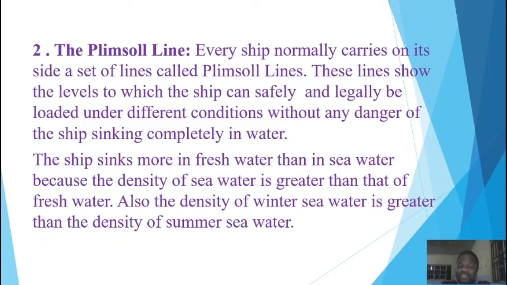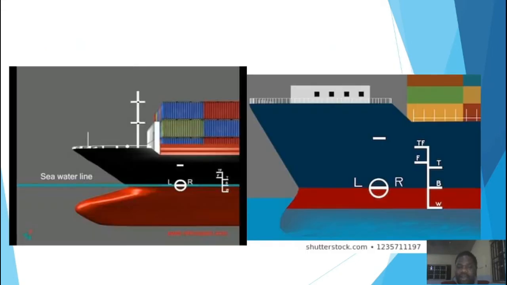So you see that season also affects it. Look at the Plimsoll line on the ship, on these two sides. We have the levels F, T, B, and W. Those levels indicate the different levels to which we need to load the ship in different types of water and seasons. LR means the left and right. In this case, the ship is just at its normal level.